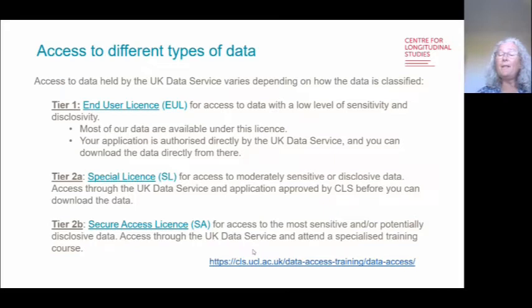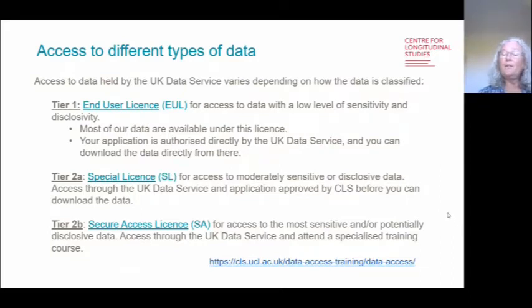Most of the main survey data has been classified as low-level sensitivity and disclosure and is licensed under the end user license. In this scenario, which Morag is going to give you some more information about, your application is authorised directly by the UK Data Service, and you can download directly from there.